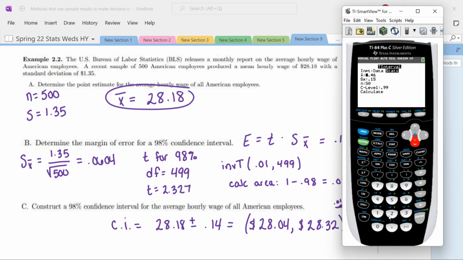All right, so that is 28.18, standard deviation 1.35, sample size 500. And we do 98% there. $28.04, $28.32.